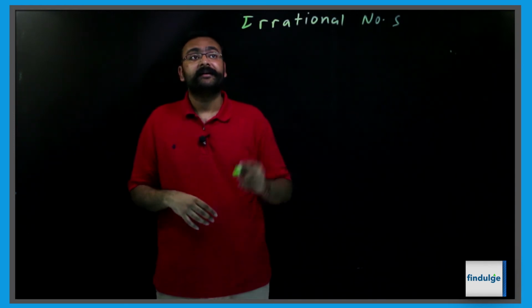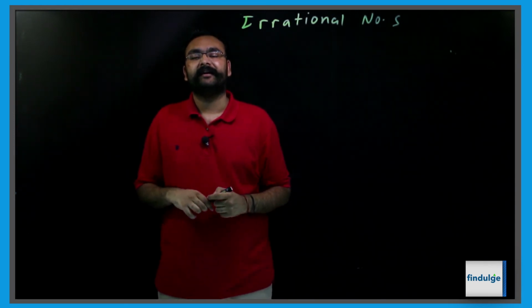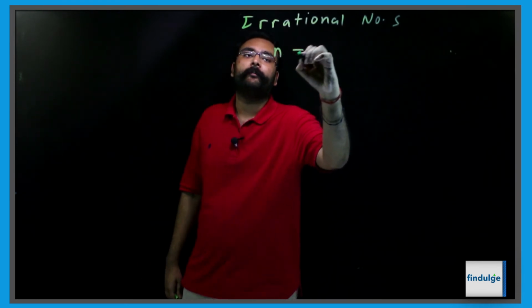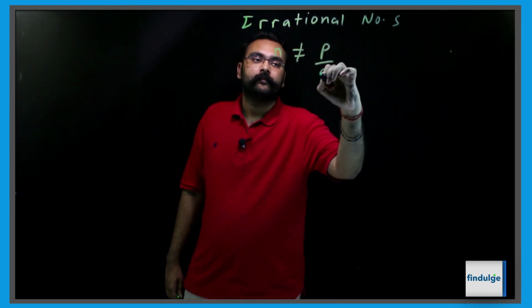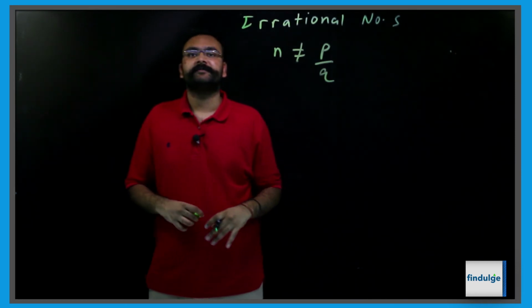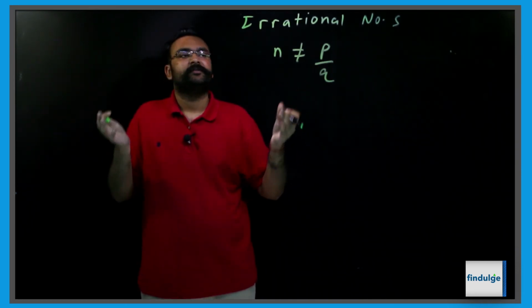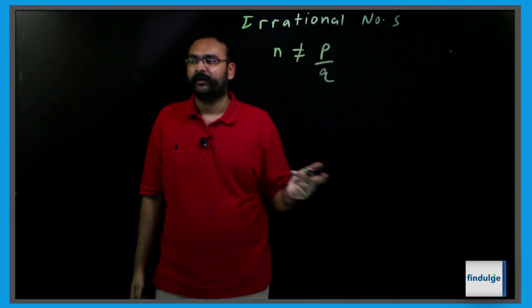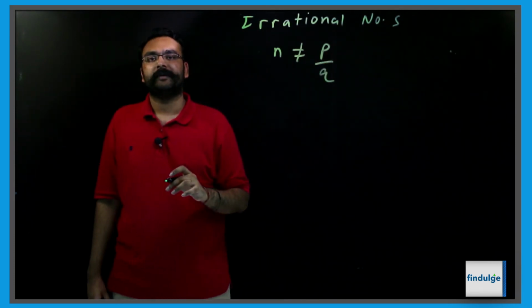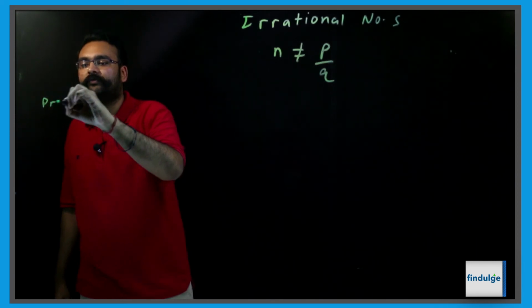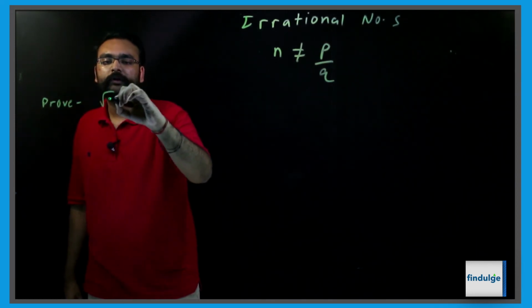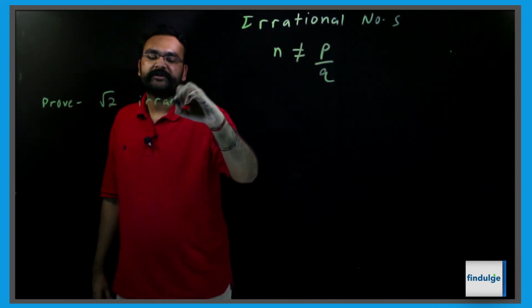In other words, they cannot be represented in p/q form. The standard question in this part of the chapter is to prove some root to be irrational. So let's do the most basic thing, which is prove root 2 irrational.